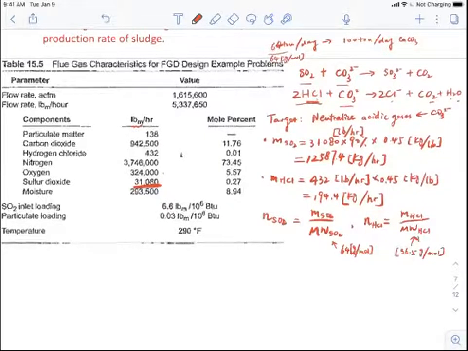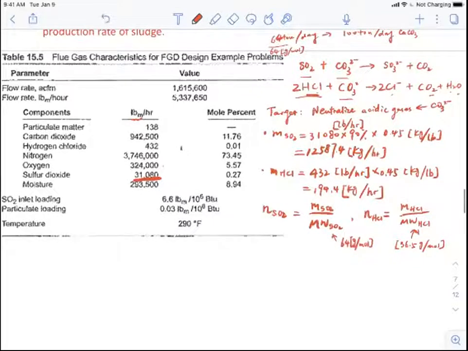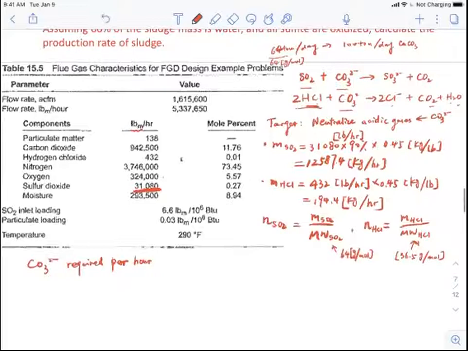So with these molar flow rates of the acidic gases, we can find out the carbonate ions required per hour. From these two reactions here, in order to react with 1 mole of the sulfur dioxide, we need 1 mole of the carbonate ion.